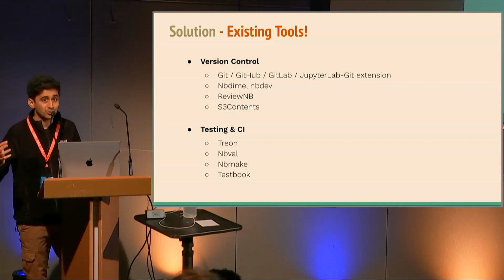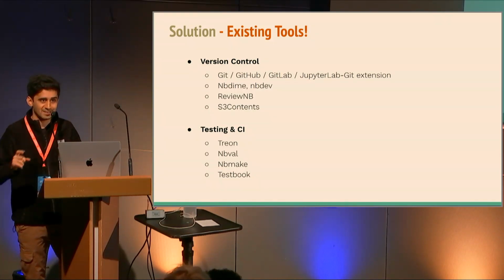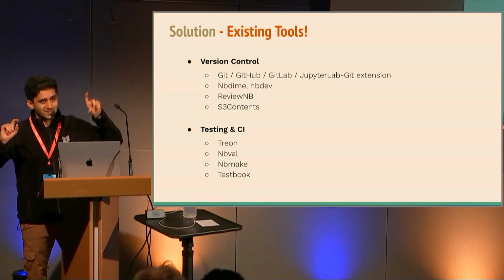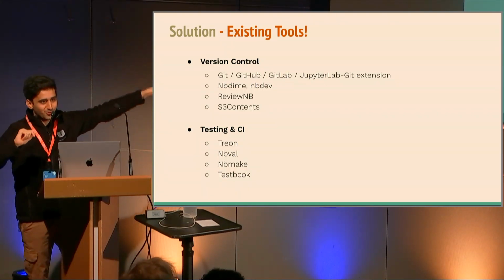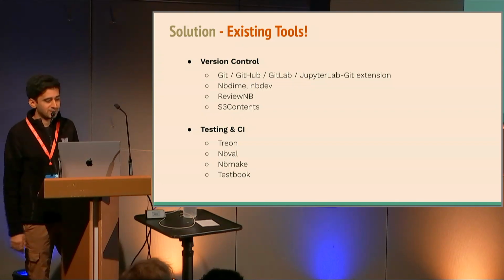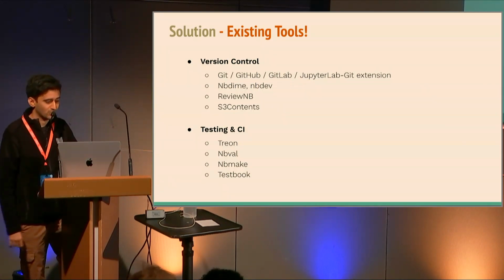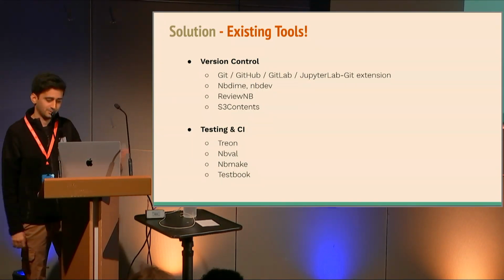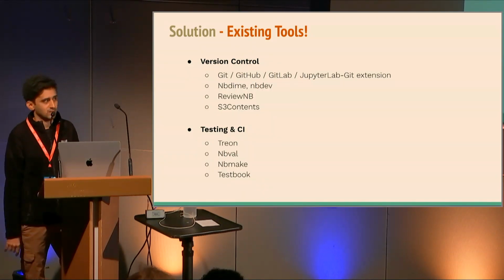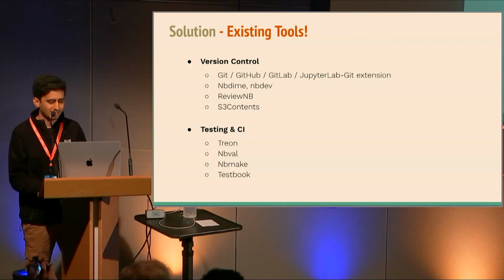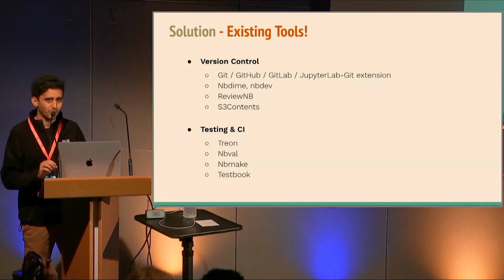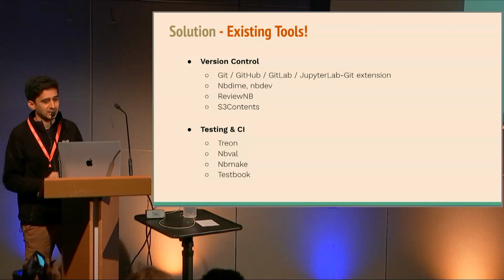If you don't even want to use Git, there's an S3 contents library, which lets you change the backend of your Jupyter Notebooks to store notebooks on S3 and version control them there. There's a bunch of libraries for testing and CI. I actually open sourced Treon, the first one, but there are others. You can do testing today in notebooks. So I do think the problem of 4 or 5 years ago is solved.